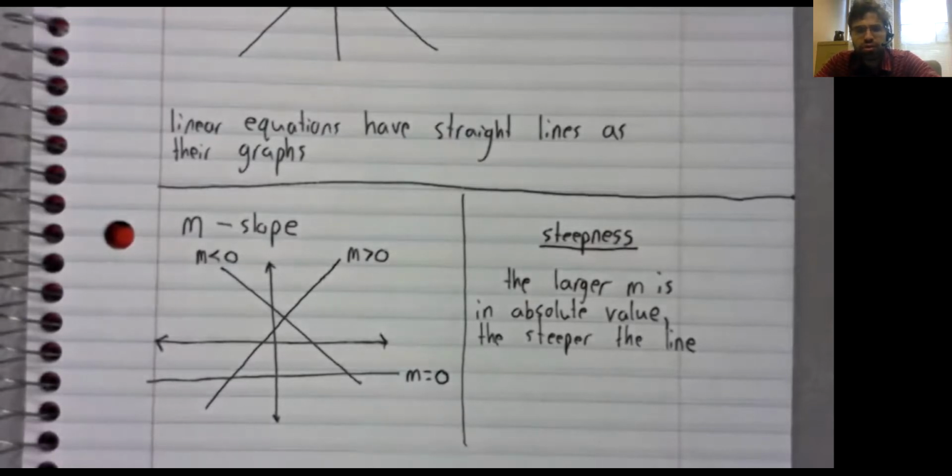And of course, properly speaking, negative 1,000 is smaller than 0.5. It's to the left of it on the number line. But when I talk about large and small here, I'm ignoring whether the number is positive or negative and just looking at the numeral.